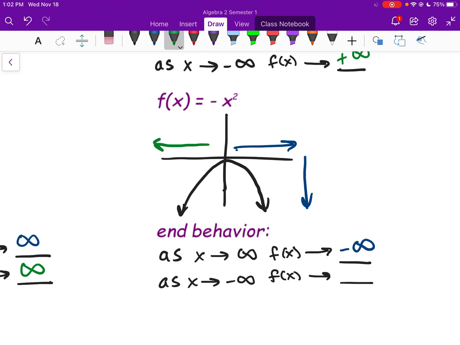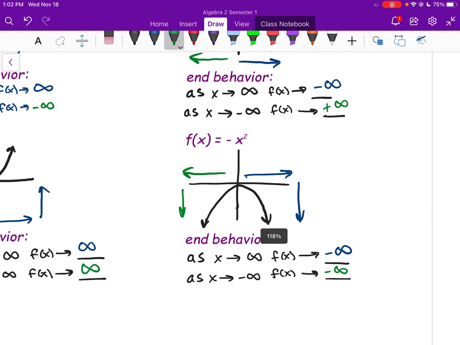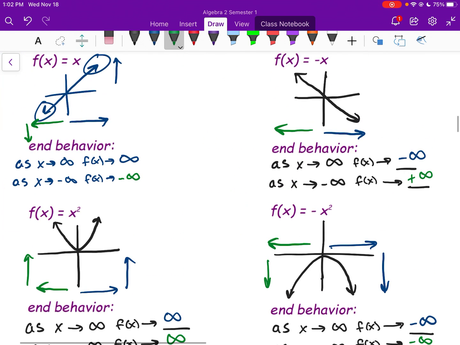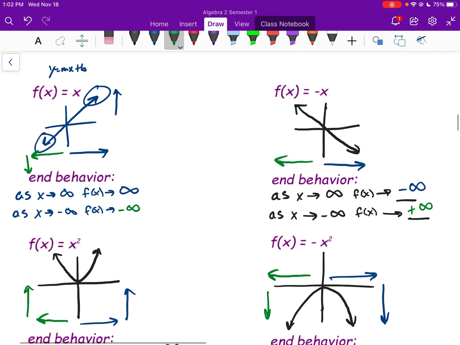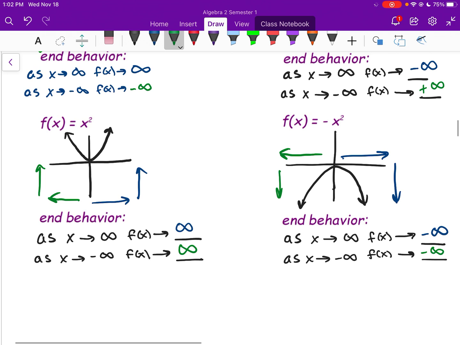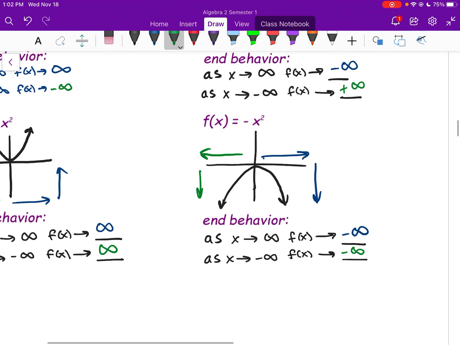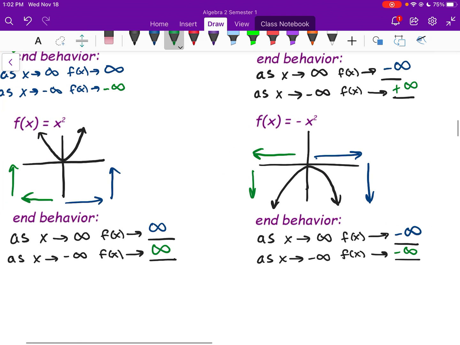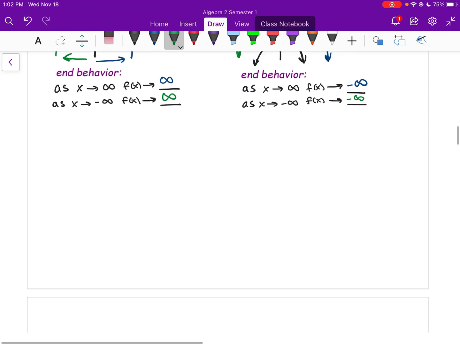And as x approaches negative infinity, or as we go left, it is also going down, which is approaching negative infinity again. So what you're going to notice is when it's linear, f of x approaches the opposites. If x squared, so parabolas or quadratics, they're going in the same direction. So your f of x approaches the same positive or negative infinity depending on which way it opens.